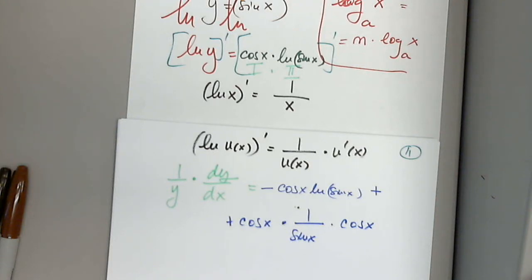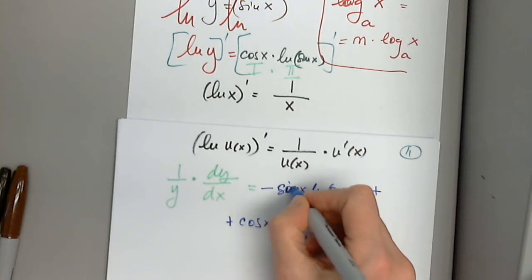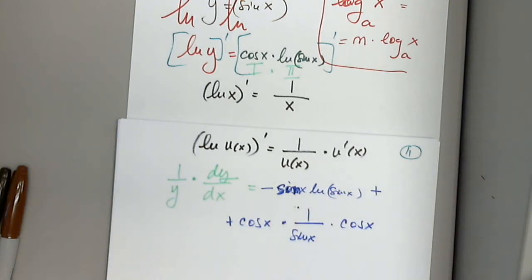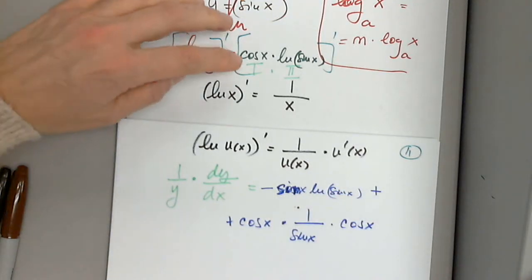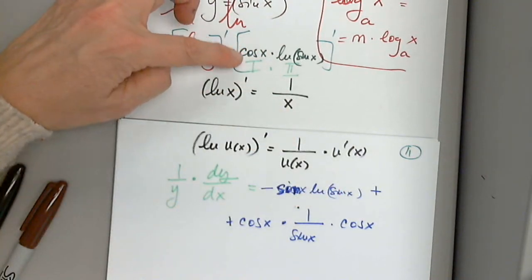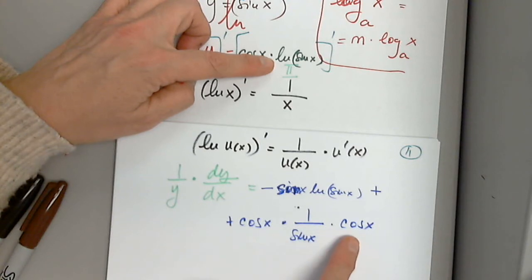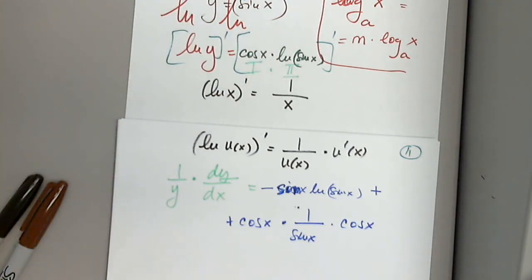I wrote cosine, yes. I'm sorry. Thank you, my apologies. So cosine prime is negative sine times natural log of sine plus cosine times natural log prime, 1 over sine times cosine. Perfect, thank you.